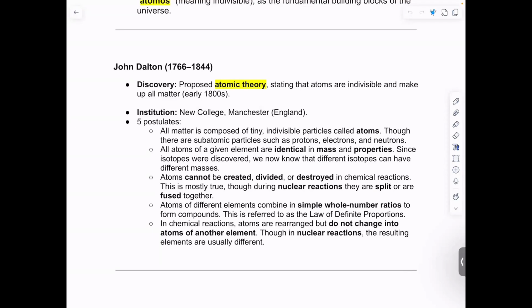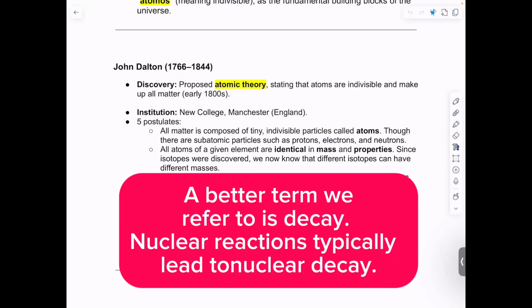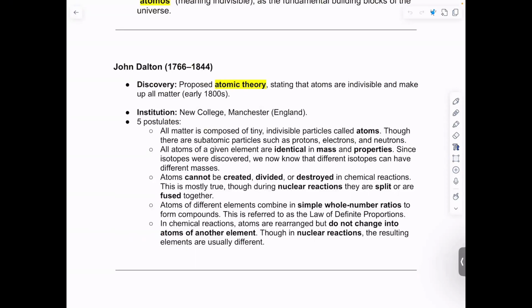We say that's largely true, though not in nuclear reactions, because in a nuclear reaction it's typically a decomposing element. So we're starting with one element and going into another one. So remember, nuclear reactions are a little bit different in that we're modifying the nucleus.